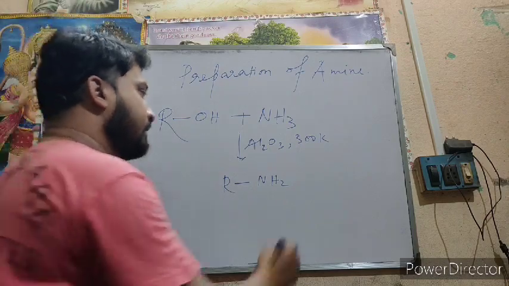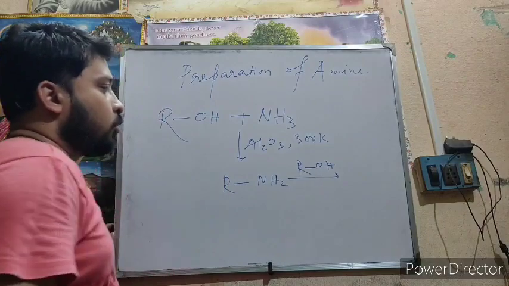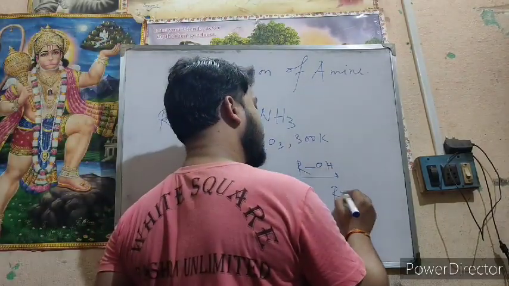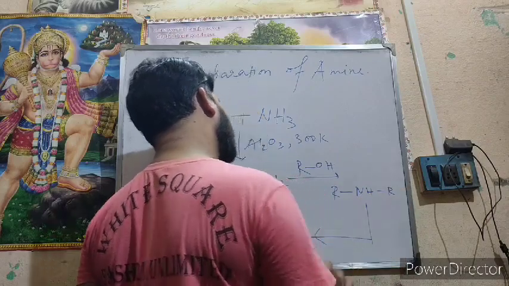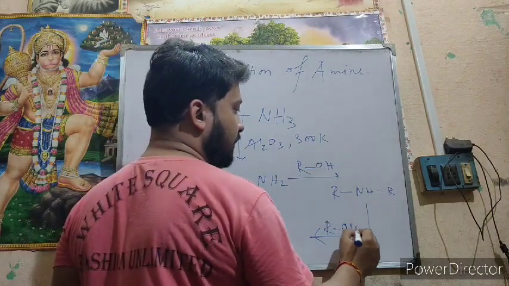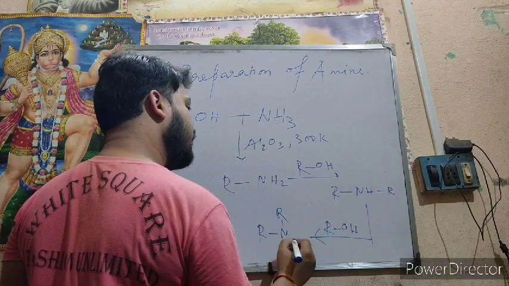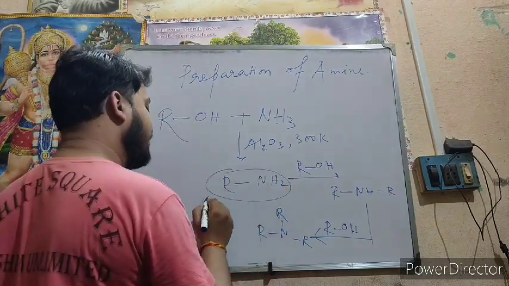Okay, this RNH2 reacts with ROH, OH and H. Water is removed from here, so the product is 2-degree amine. Then if you want to react it again with ROH, and H is removed, the product is R3N, 3-degree amine. So this is primary amine, 1-degree amine.